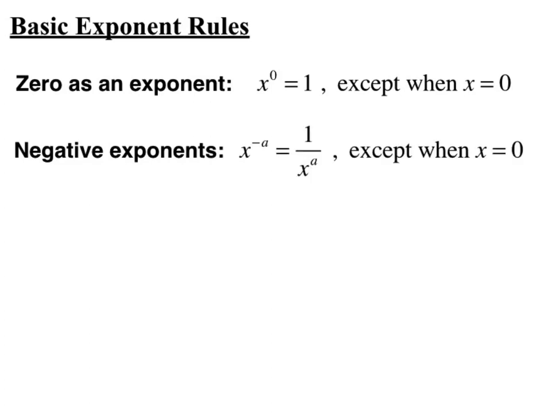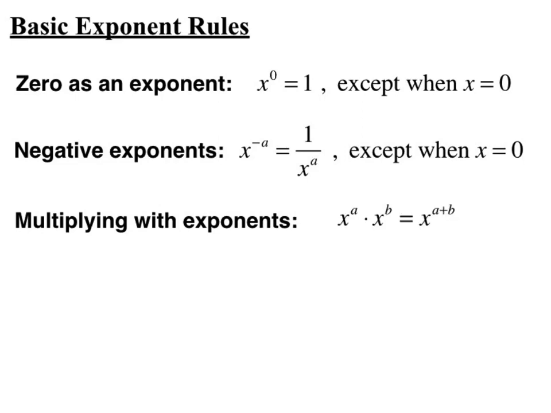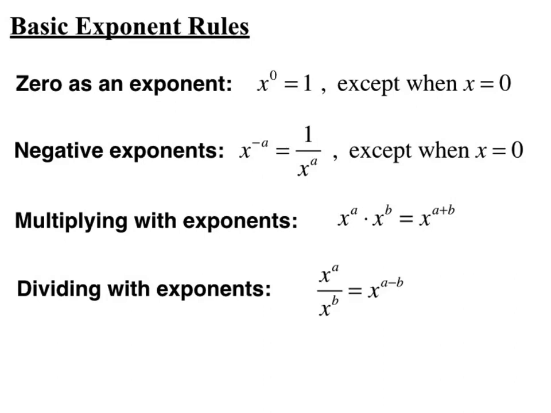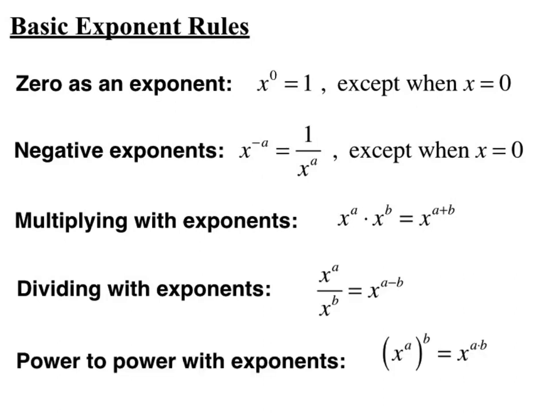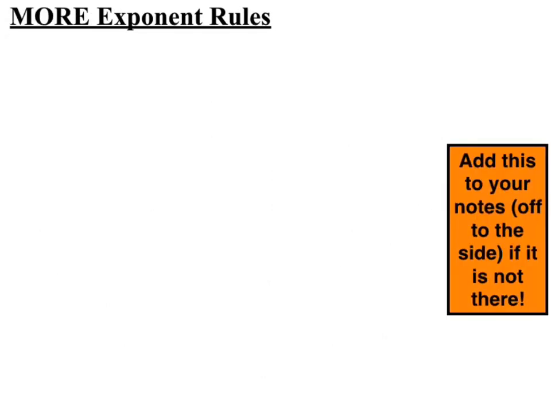With negative exponents, remember x to the negative a power is 1 over x to the a, because typically we don't leave expressions with negative exponents. When we multiply expressions, we add the exponents as long as the bases are the same. When we divide expressions with the same base, we subtract exponents. And when we have a power to a power, we multiply exponents. This is all already in your notes.